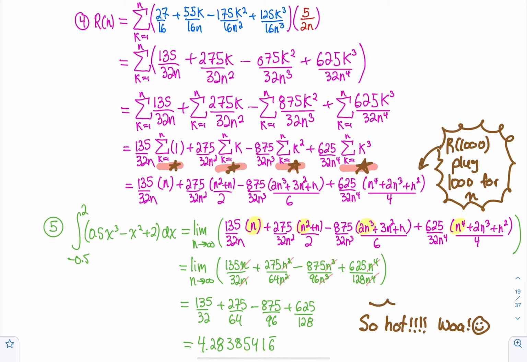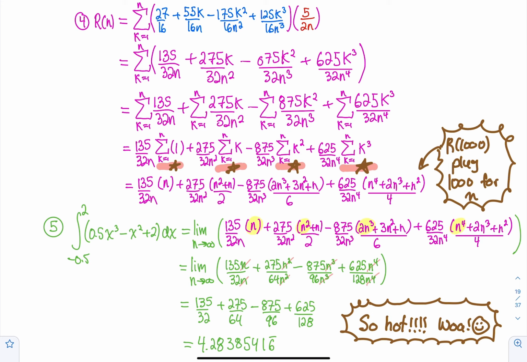They're really close. Our approximations were already pretty close, but now we have the exact value. We pushed that process to infinity, and now we have the exact value of the definite integral of 0.5x cubed minus x squared plus 2 over the interval minus 0.5 to 2.